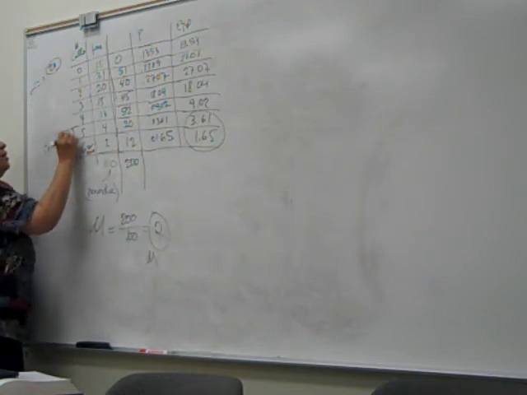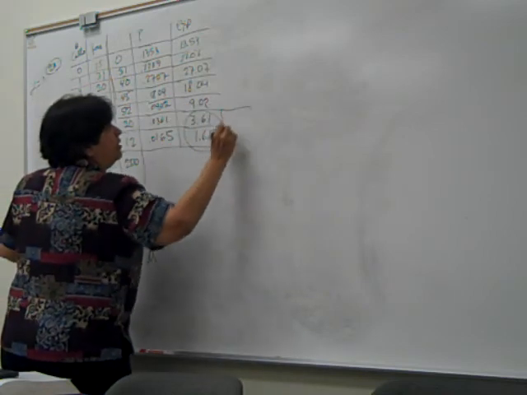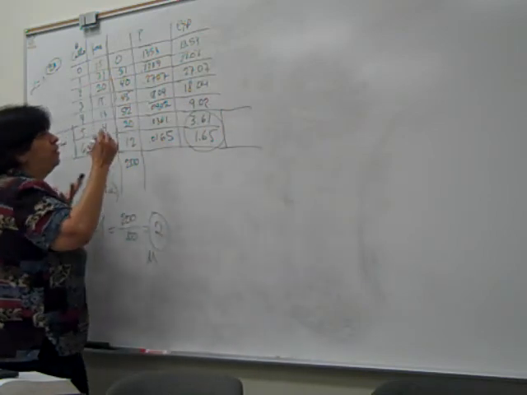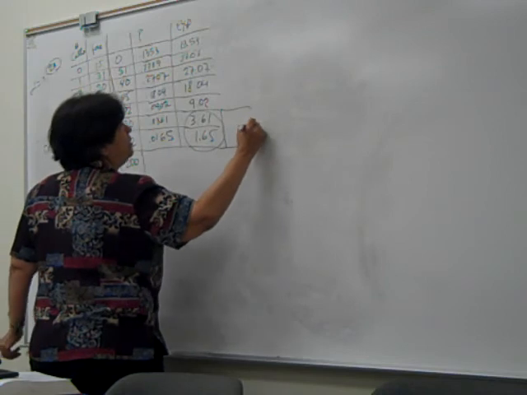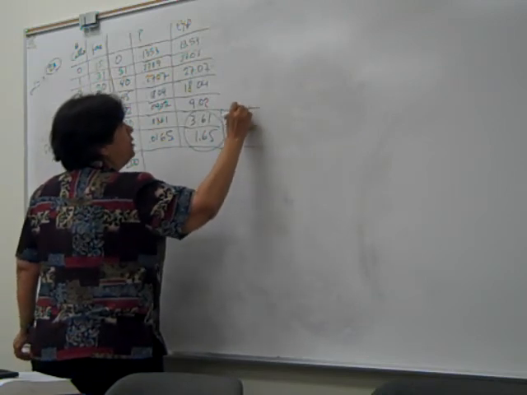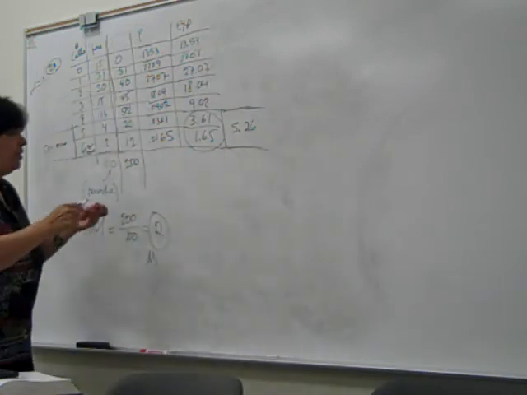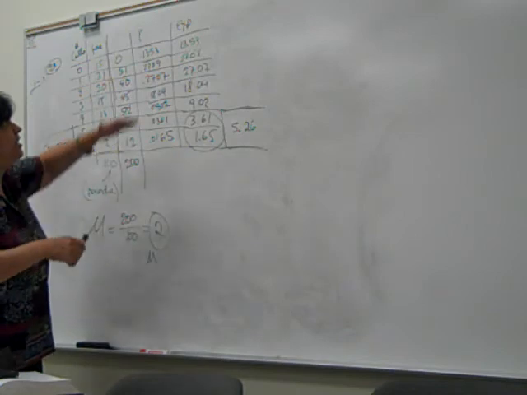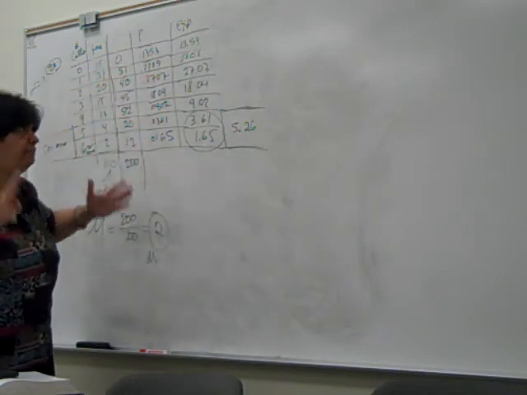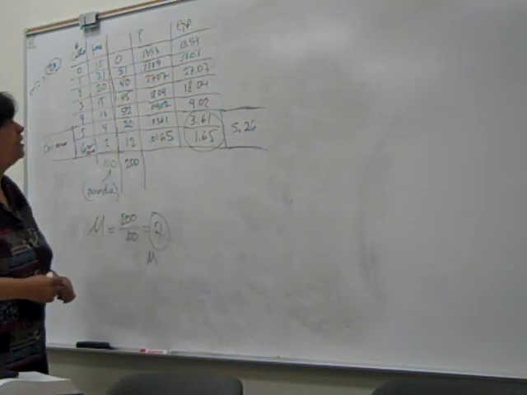This category is 5 or more, and we are just going to add this element, 5.26. This way the expected in any category isn't less than 5. That's one of the requirements.